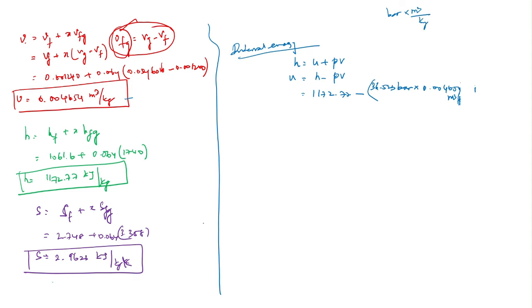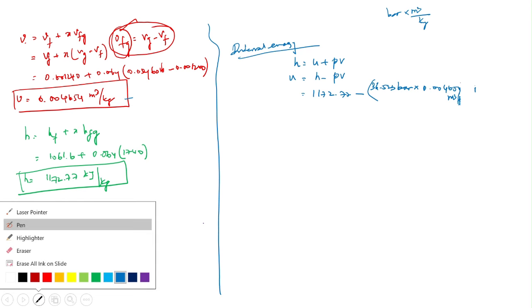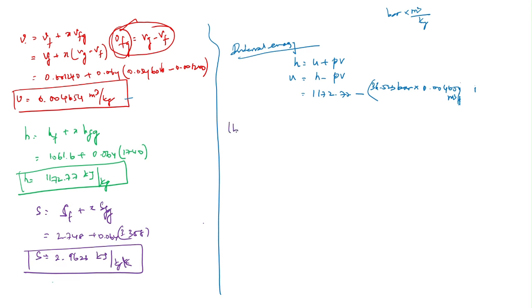So for converting bar into kilonewton per meter square, you already know that 1 bar is equal to 10 to the power of 5 Newton per meter square, which is equal to 10 to the power of 2 kilonewton per meter square.